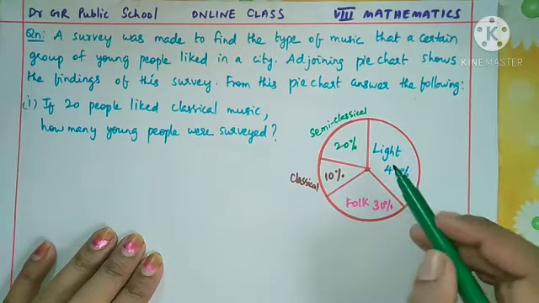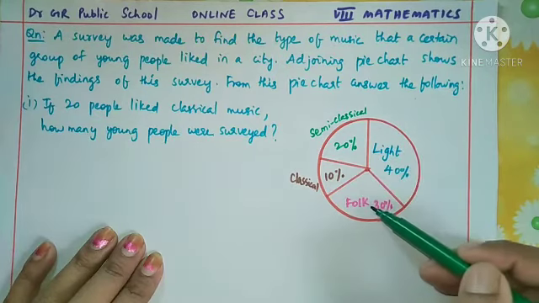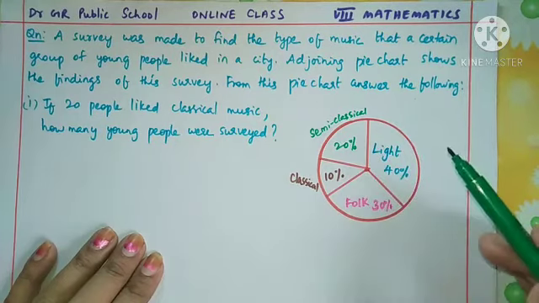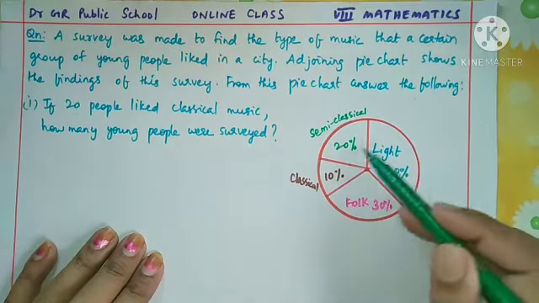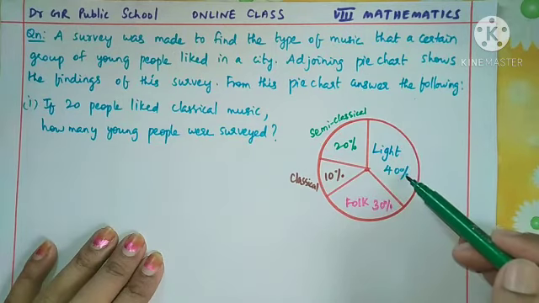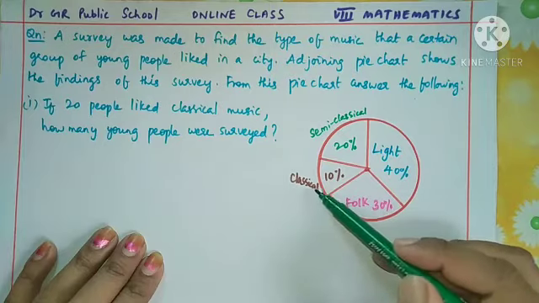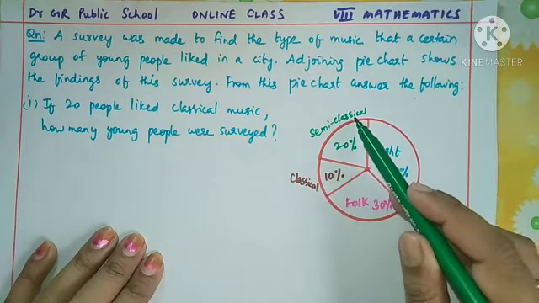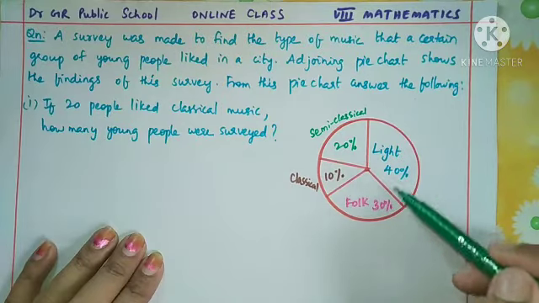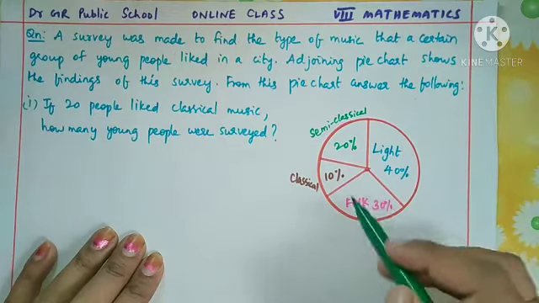You see what are the different musics discussed here: light music, folk, classical music and semi-classical music. And here the information is given in percentage. Light music is 40%, folk is 30%, classical is 10% and semi-classical is 20%. And this data is showing, in percentages, the number of people who like the different types of music.